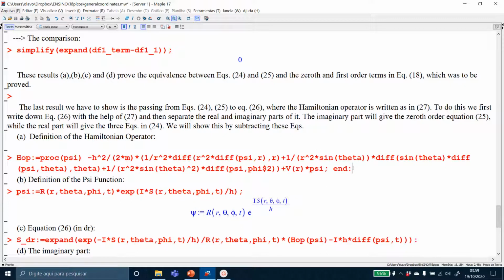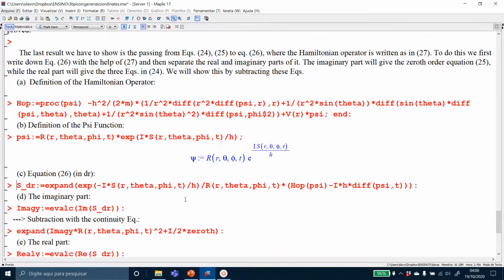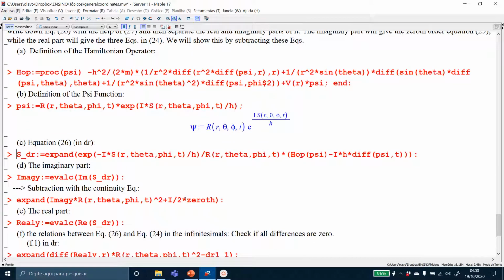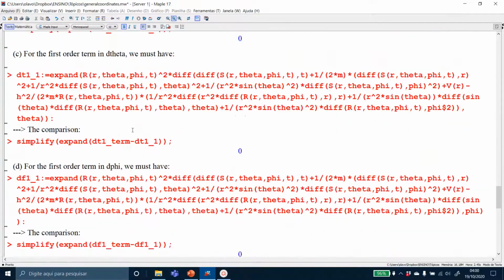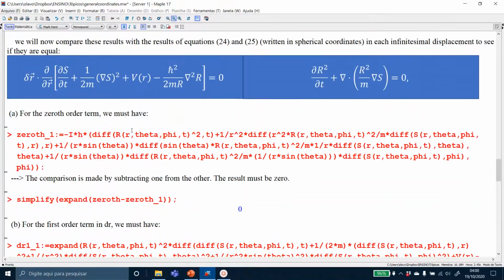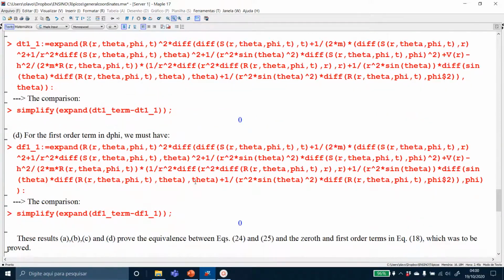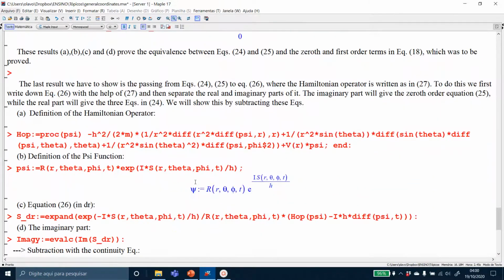We are assuming that the potential depends only on r, but this is irrelevant for the demonstration. We of course write C this way, and now we try to get these terms, but now from the Schrödinger equation itself.